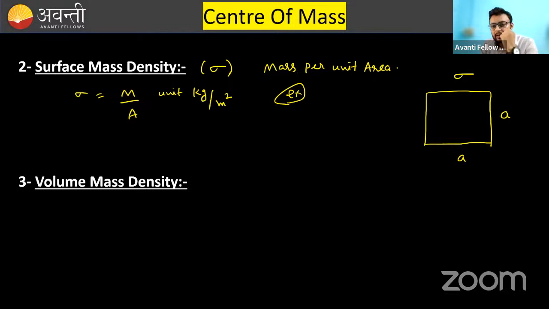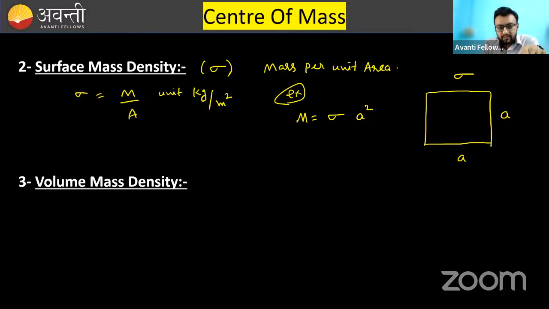Then mass per unit area is sigma and the total area of the sheet is A square. Then mass of the sheet will become sigma into A square.